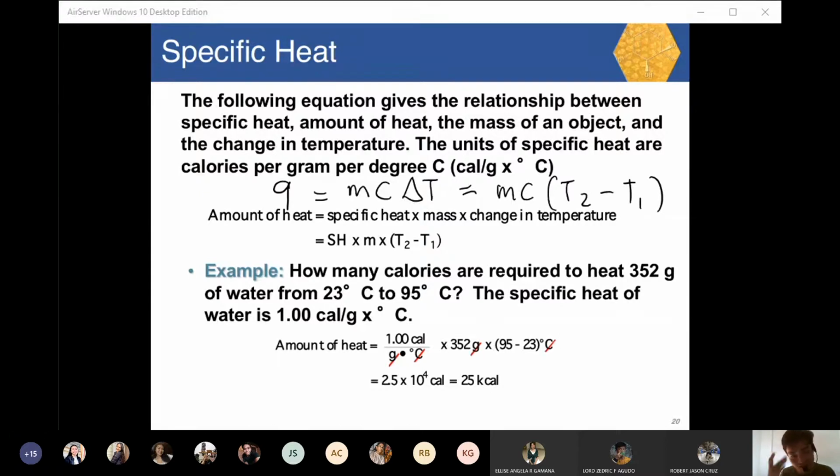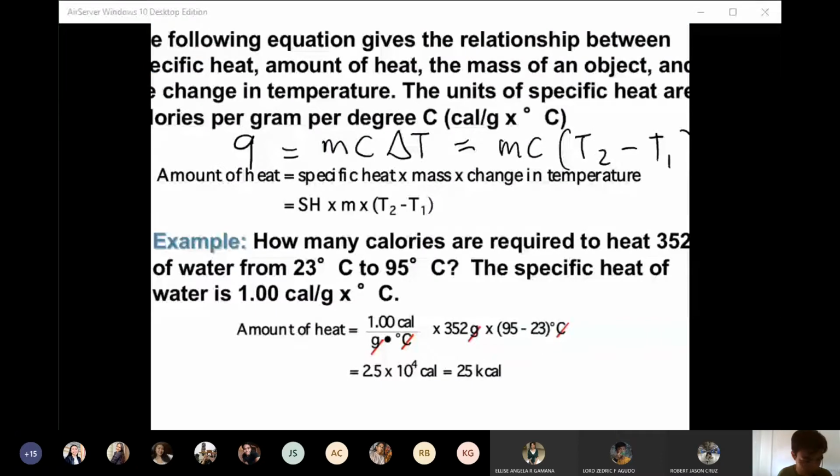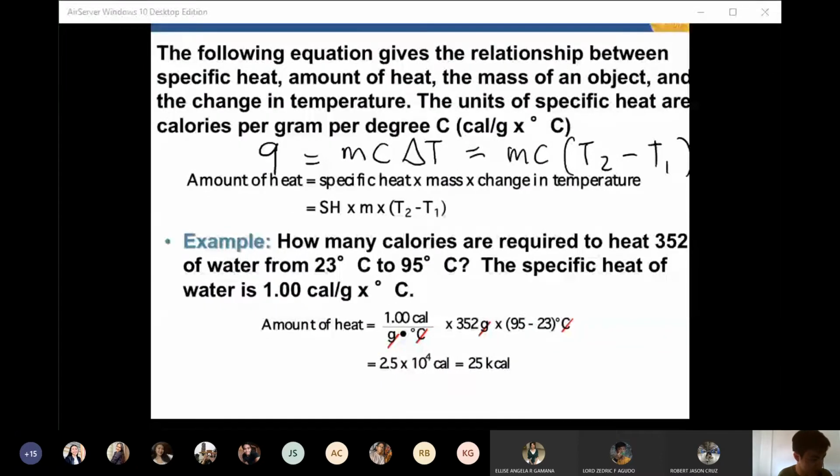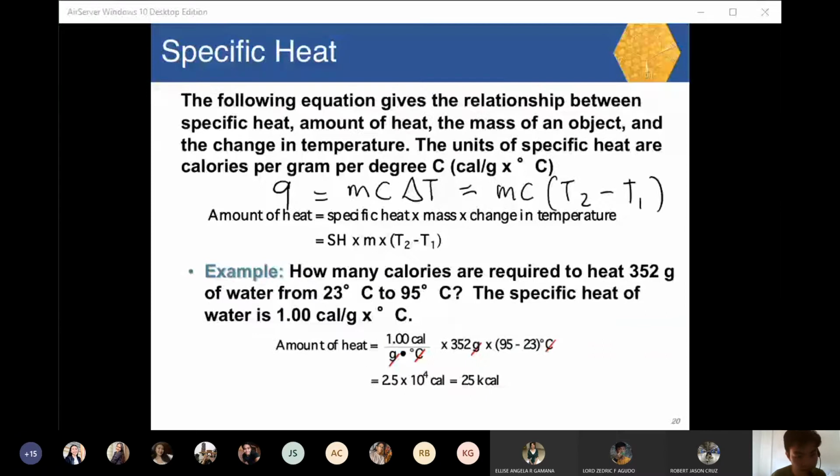For example, we are asked how many calories are required to heat 352 grams of water from 23 degrees Celsius to 95 degrees Celsius. The specific heat of water is 1 calorie per gram degree Celsius. Just using the formula, the mass is 352.